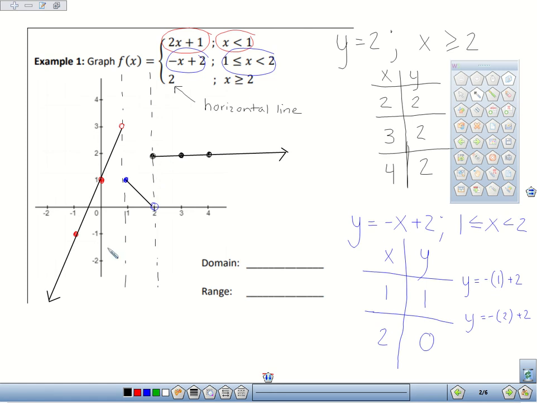All right, so let's talk about the domain. Domain are all the possible x values. So what do you notice coming from the left here? What's happening right here? It's going down, and it's going down forever, so eventually it's going to keep going this way. So are we going to eventually take on every x value? Yeah, we will.